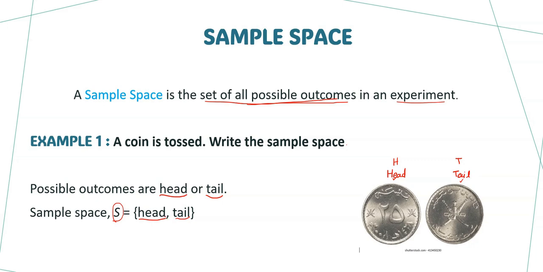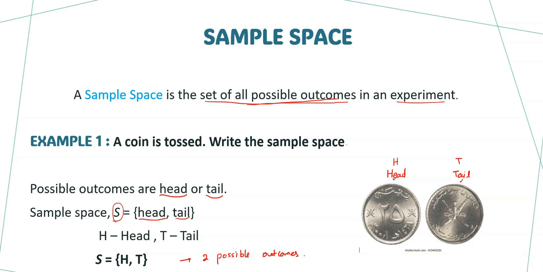Like here, the outcomes were head, comma, tail. And if we use the short notation H or T to represent head and tail, the sample space becomes H comma T. So we have two possible outcomes here.